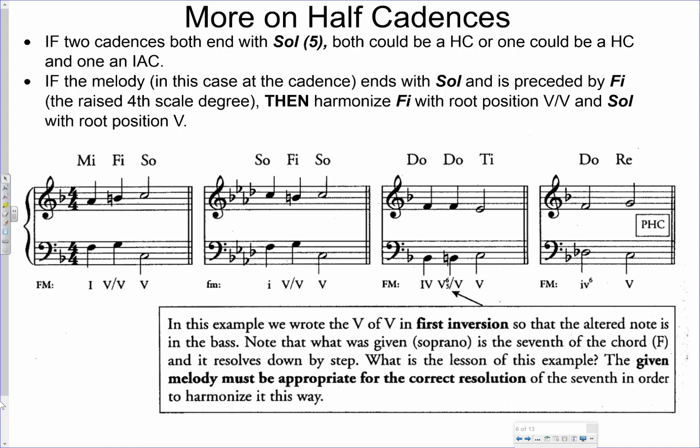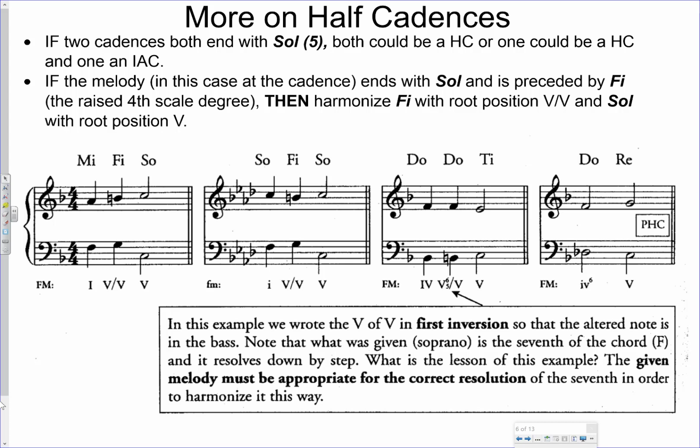Think of the B natural as the leading tone. What does it lead to? It leads to C. So C is our new temporary tonic. You could think of it that way. We would write the Roman numeral analysis to be a 5 of 5 going to a 5, all in root position.